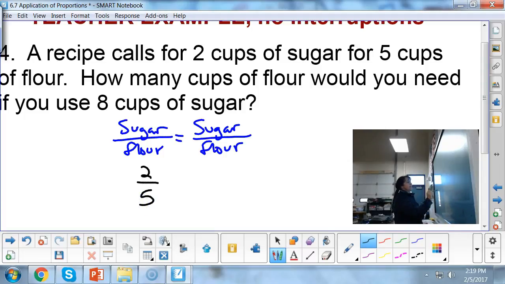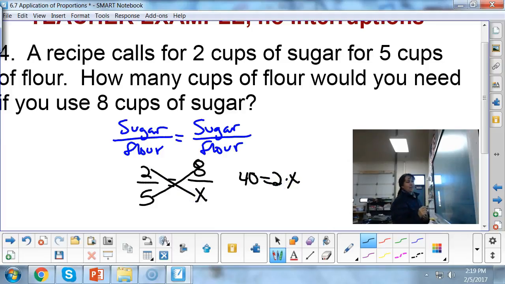How many cups of flour, so the flour is my question, would you need if you used 8 cups of sugar? Okay, same as I've done all the problems. I'm going to cross multiply. 8 times 5 is 40 is equal to 2 times x.